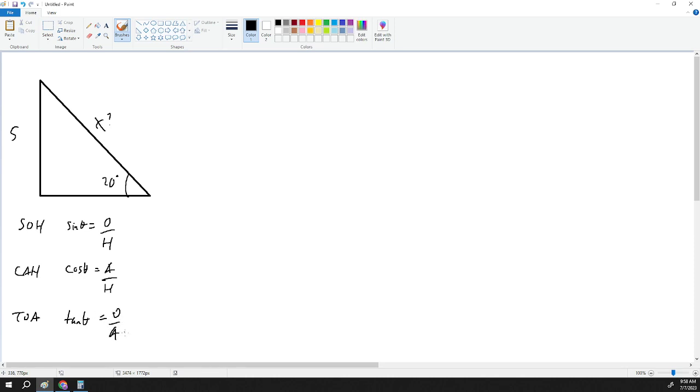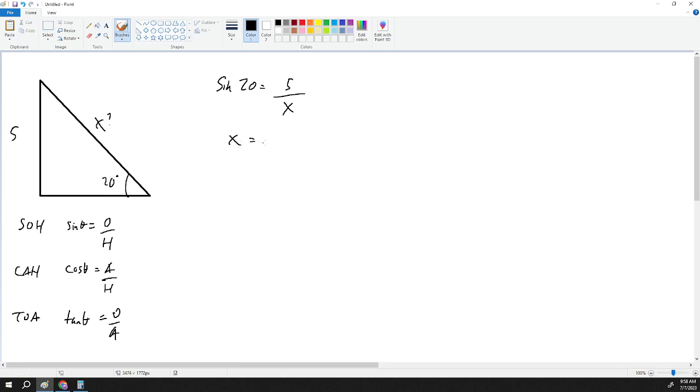Opposite over hypotenuse. So, sine 20 is equal to 5, that is our opposite, over x, our hypotenuse. We leave x in one side. To do that, we multiply x on both sides and divide both sides by sine 20.